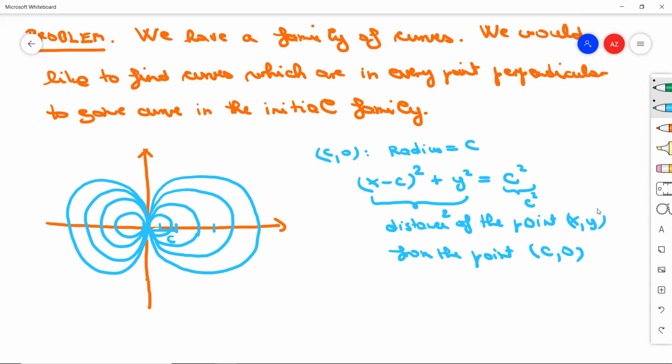And c varies. So our family is obtained when we vary c over all real numbers.